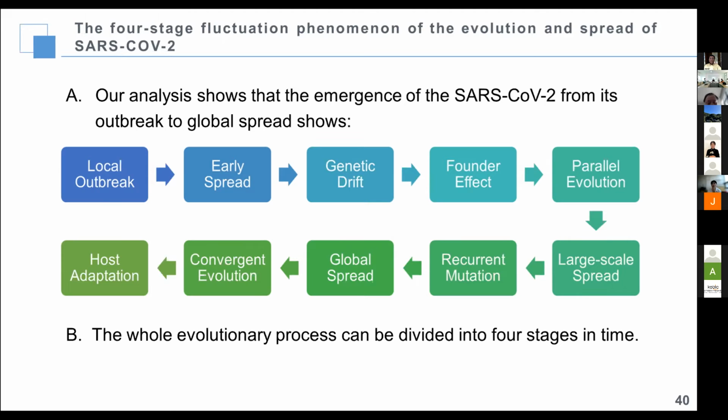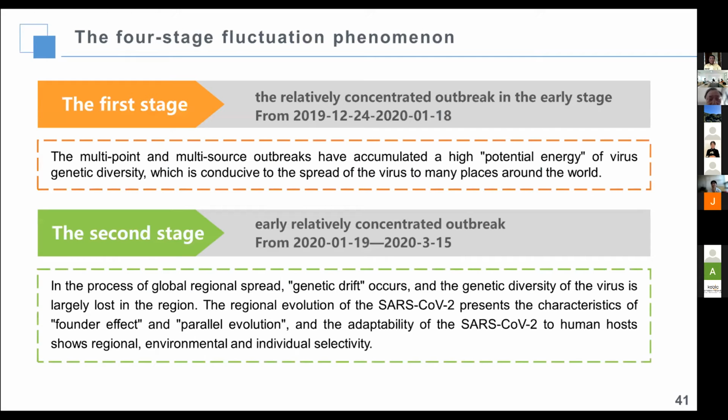Although the whole evolution process can be divided into 4 stages in time, the first stage is the relatively concentrated outbreak in the early stage, from December 24, 2019, almost 2 years ago, to January 18, 2020.